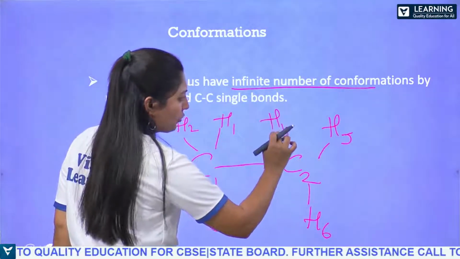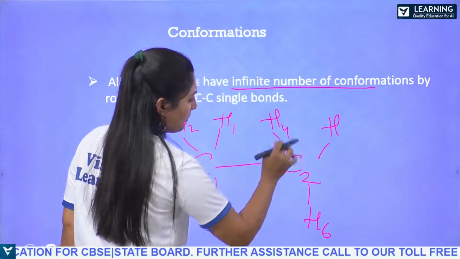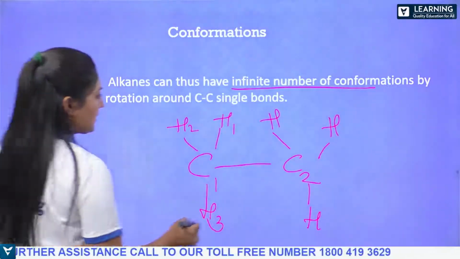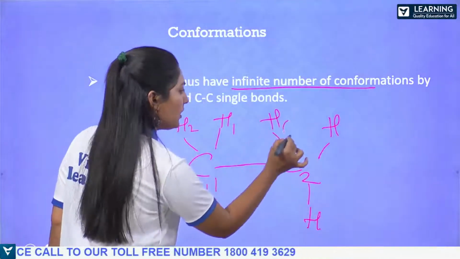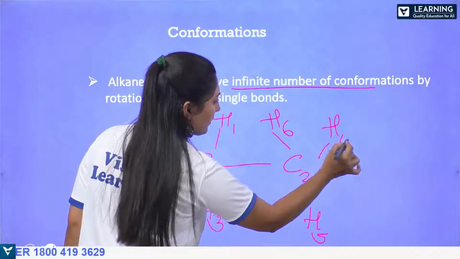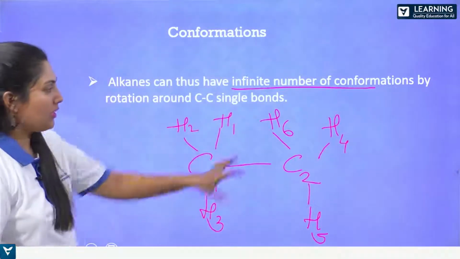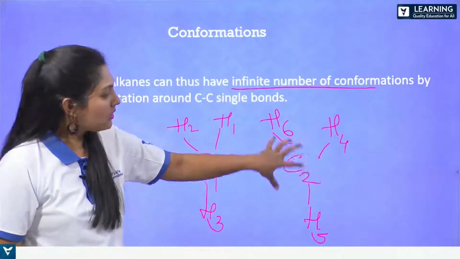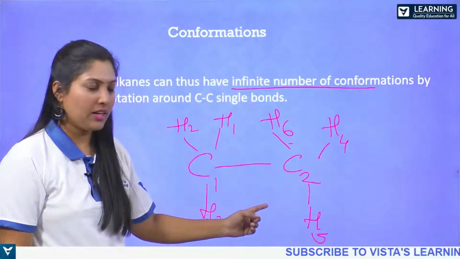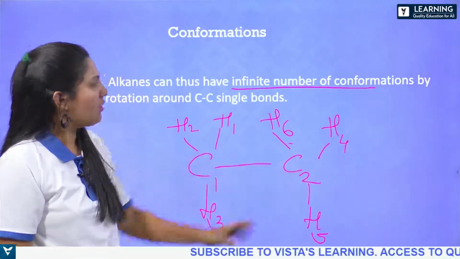The hydrogen 4 will shift to the position of 5, 5 will shift to 6, and 6 will shift to 4. So here 5 will come, here 4 will come. Right, it will be rotating. So this is a different spatial arrangement than the one before.